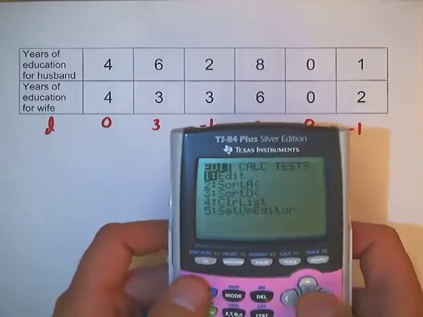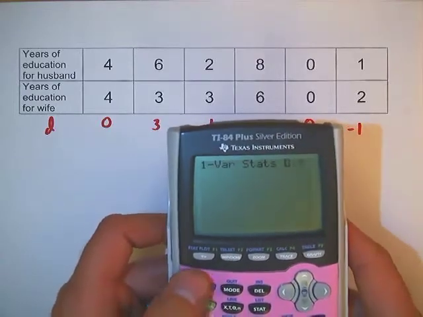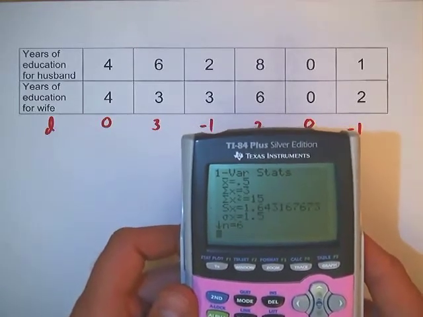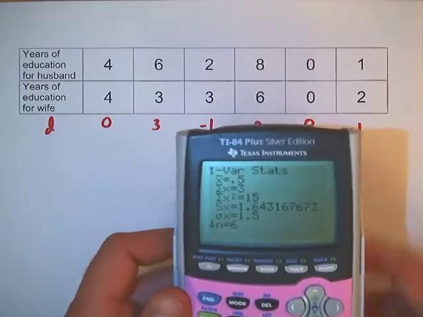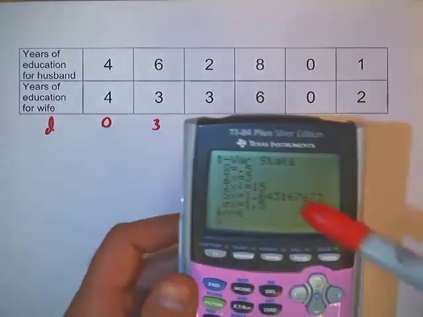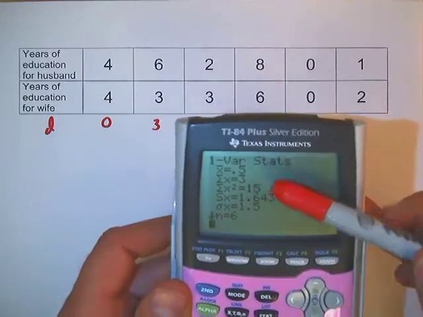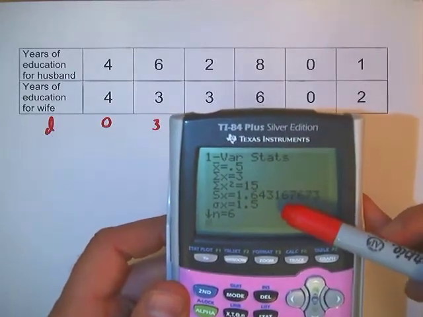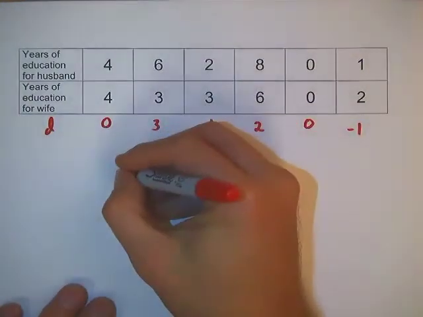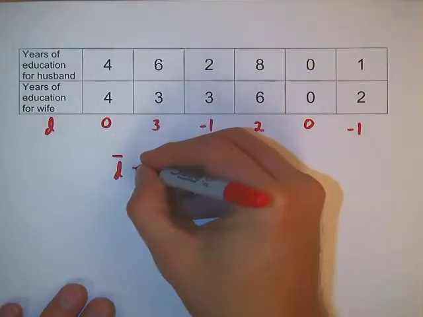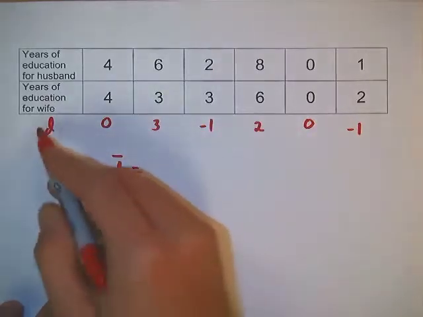Now I can calculate some statistics on that difference list. I want to calculate a mean and my sample standard deviation. My mean is 0.5, my sample standard deviation is 1.643. To denote those two values, instead of x, I have d, so I'm going to call that d bar.